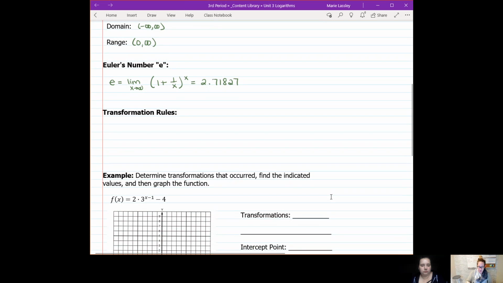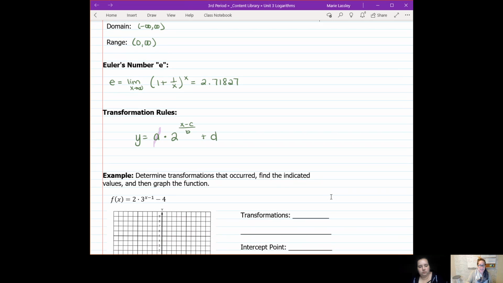Just a reminder, when we have our exponential functions, our transformation form looks like this. We'll use 2 as our base number. So we have x minus c over b, plus d, whatever letters we have in there. Just like all of our other functions, things that are on the outside of the function are going to be your vertical transformations.